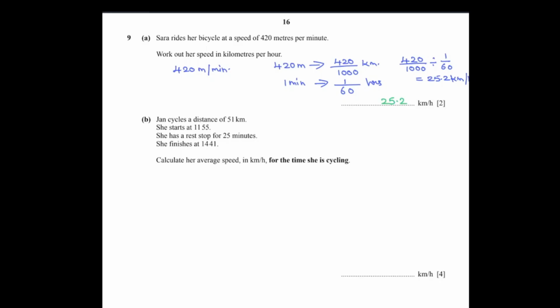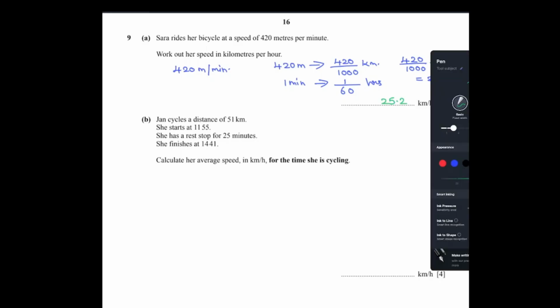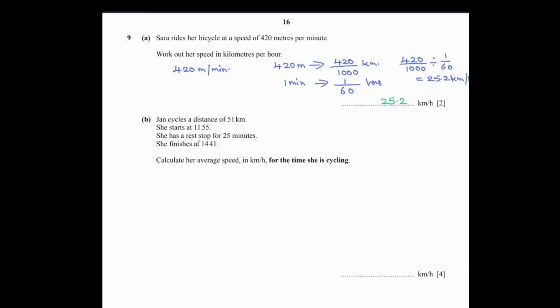Now B. Jan cycles a distance of 51 kilometers. She starts at 11:55. She has a rest stop for 25 minutes. She finishes at 14:41. Calculate her average speed in kilometers per hour for the time she is cycling. Okay, so now we need to find out the time she cycled. To find the average speed we need distance also.